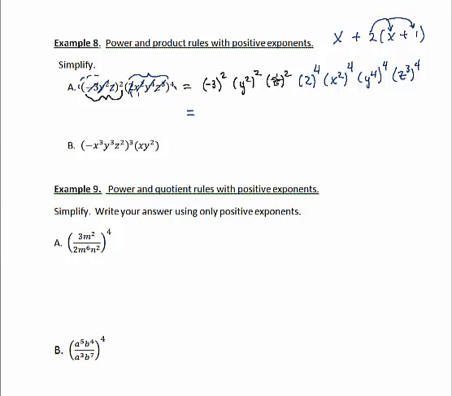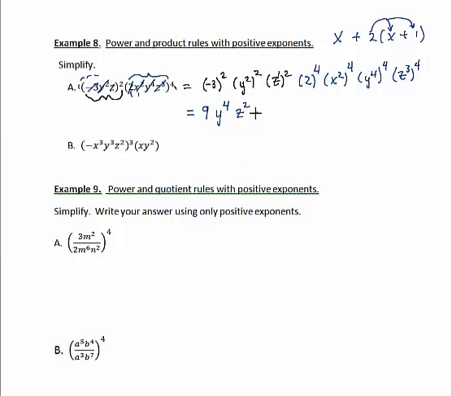Alright, so starting from left to right, we have negative 3 squared, which is a positive 9. We have a y squared squared, which is a y to the fourth power, 2 times 2. Apply the power rule. The z is just simply squared. You could say this is a 1 on the inside, and 1 times 2 is 2.